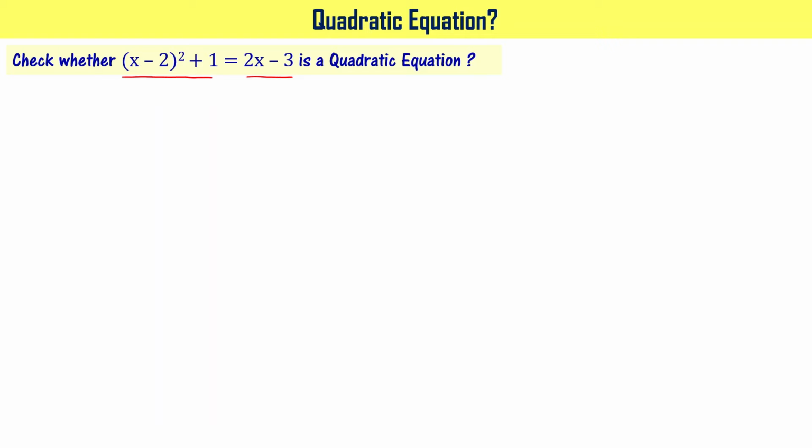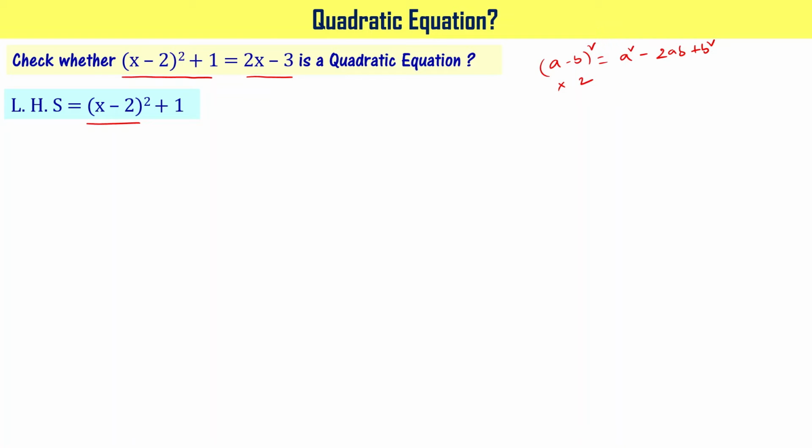To do that, let us first simplify LHS. LHS is x minus 2 whole square plus 1, right? When you look at this x minus 2 whole square, you may recall the a minus b whole square formula, right? That is a square minus 2ab plus b square, right? Now x is a and 2 is b, right?